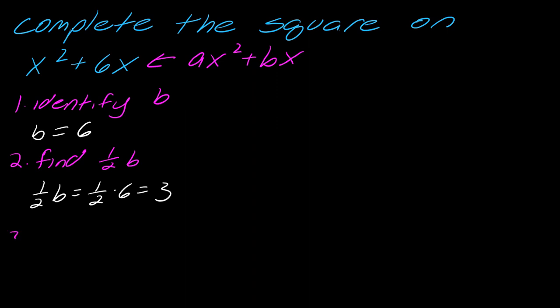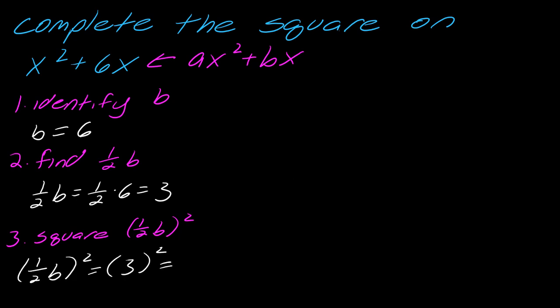Then you want to square this result. So you want to square whatever your 1/2 b was. So I'm going to have my 1/2 b squared in this case. That's going to be 3 squared, so that's going to equal 9.